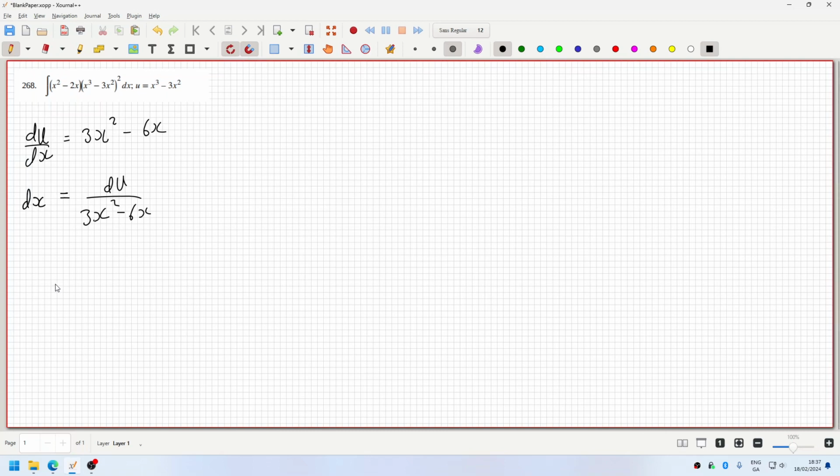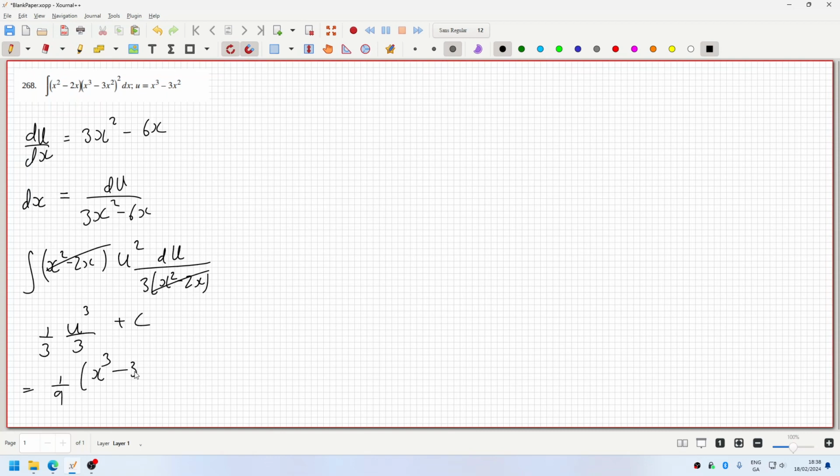So the integration would be x squared minus 2x times u squared du over 3 x squared minus 2x. So they cancel. And integrating, that's 1/3 u power 3 over 3 plus c. So that's 1/9 x cubed minus 3x squared cubed plus c.